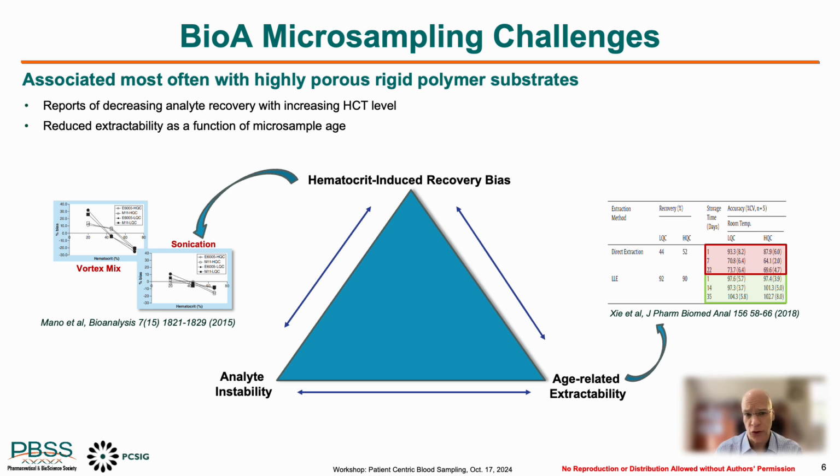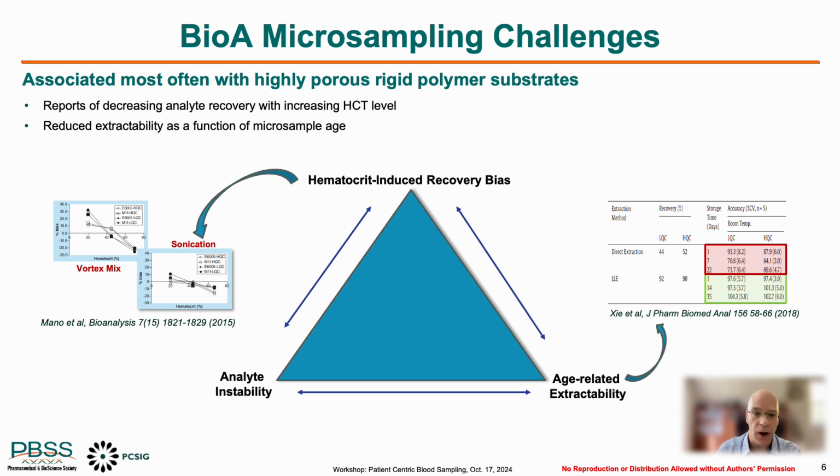But when a more aggressive sample preparation approach was used involving vortex mixing, sonication, and liquid-liquid extraction, consistently high recovery was achieved between 24 hours and day 35 microsamples. I'll also note that in the ESI method, when they pivoted from vortex mixing to sonication, that narrowed the recovery gap between low and high hematocrit.